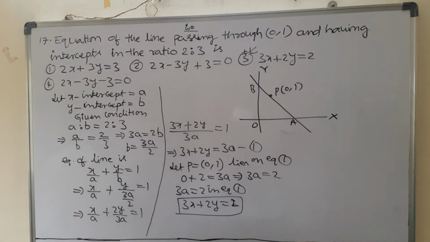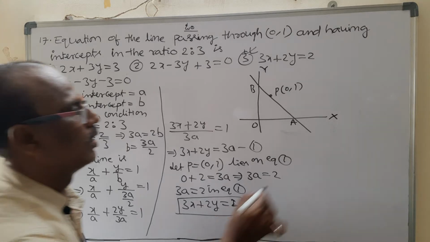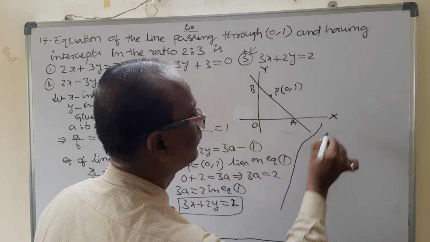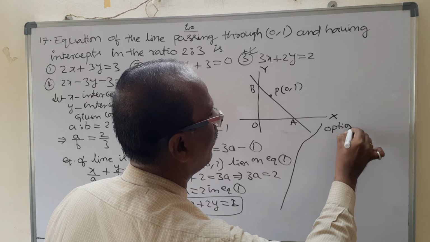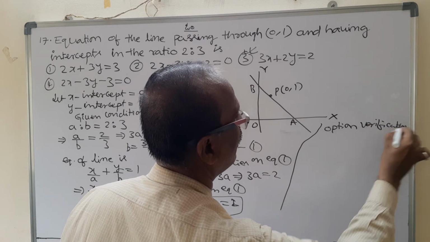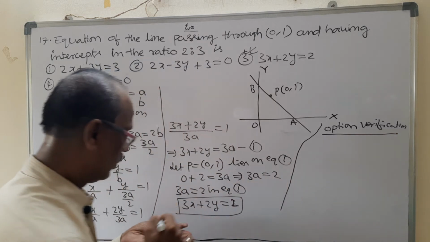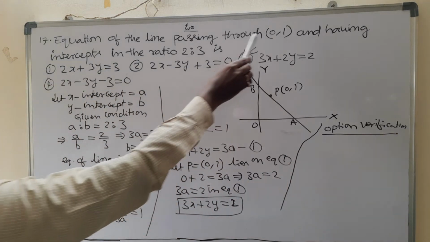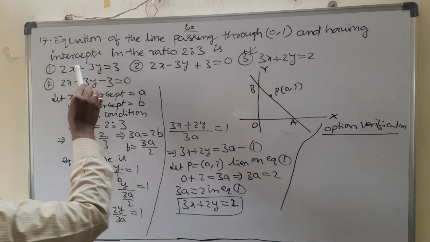All students observe that to find the equation of lines, the option verification method can also be used. In option verification, we check the point it passes through and the ratio.